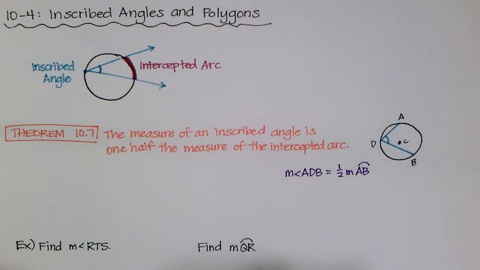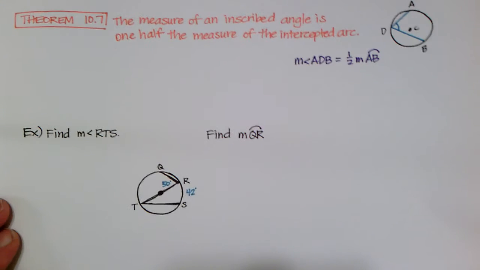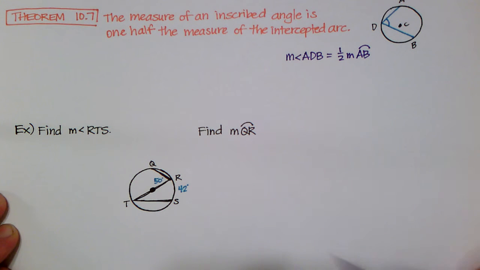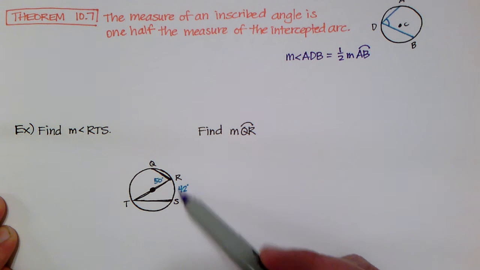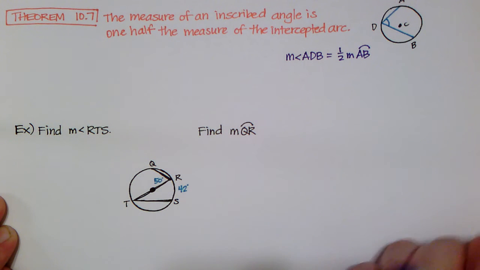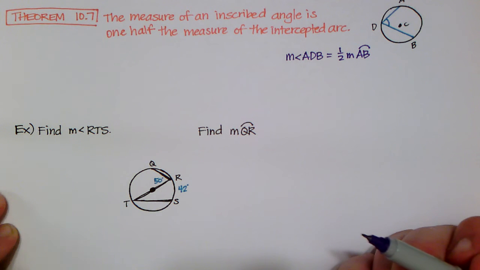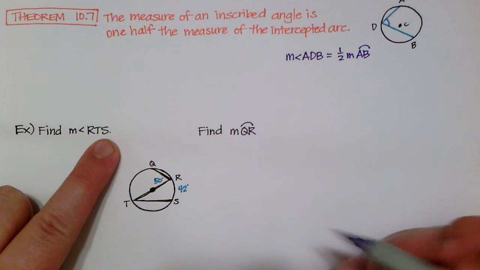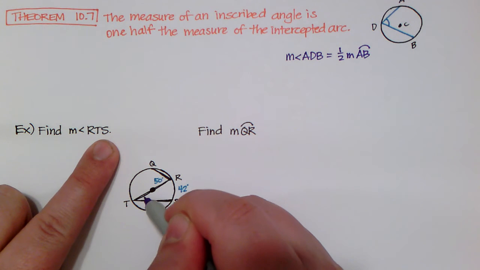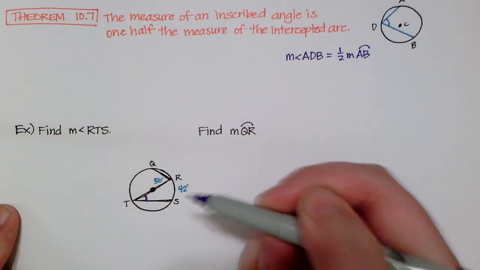I've drawn a circle here, and I've labeled a few things in the circle. I've labeled that this inscribed angle is 50 degrees, and also that this intercepted arc is 42 degrees. First I want us to find the measure of angle RTS, so that's this angle right here.